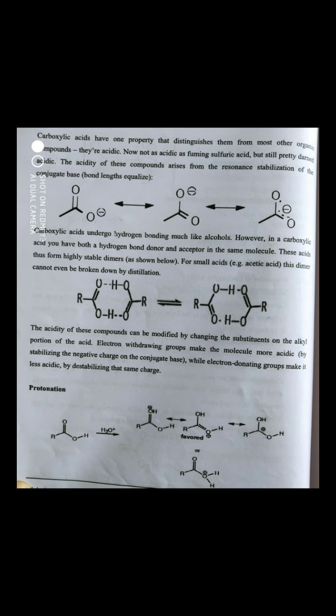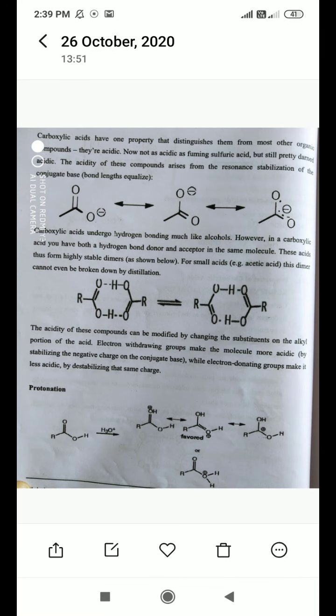Now here this is protonation. Just look at the screen. In the last point, under protonation, RCOOH is mentioned, then CH3O plus, which is shown on the arrow. Then what happens here?